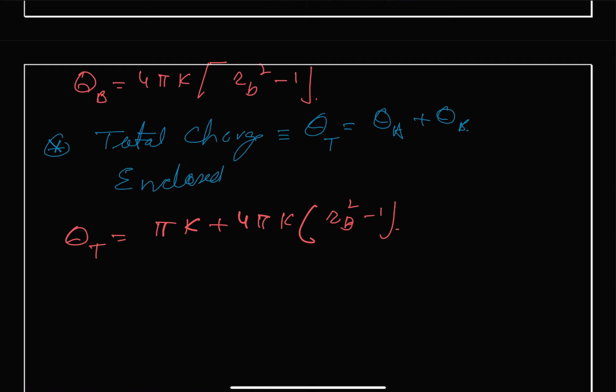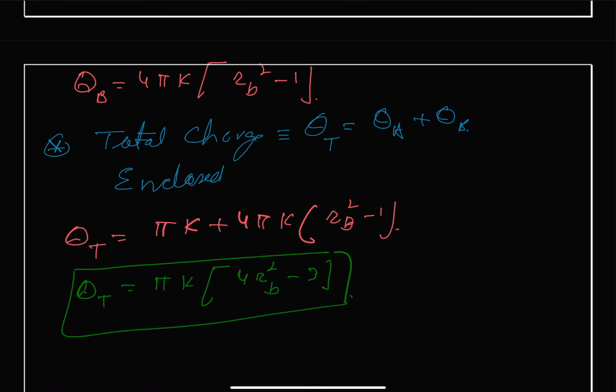So we get the total will be equal to pi k times 4 RB square minus 3. So this is our total charge enclosed.